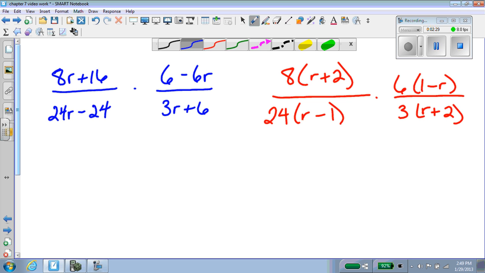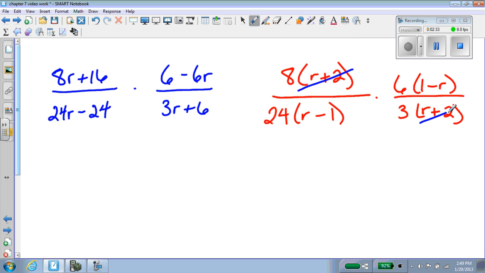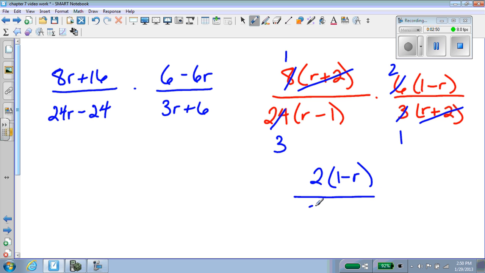Now that we have identical binomials, we can cancel our r plus 2. I think 6 and 3, 2 and 1, 8 and 24, 1 and 3. So it looks like I have 2 times 1 minus r over 3 times r minus 1.